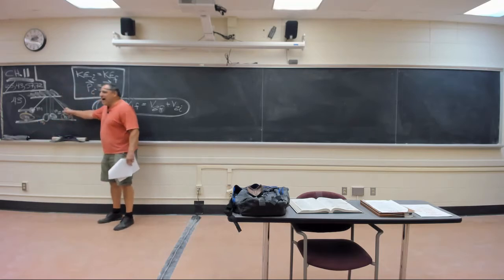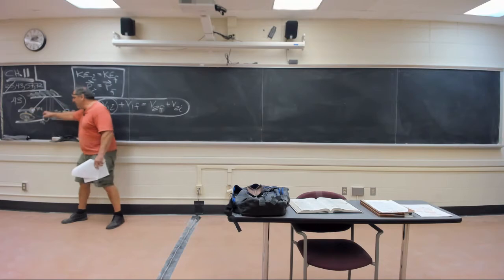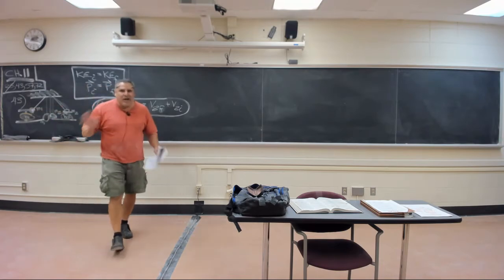Same way I don't care about it up here. Why don't I care about it up there? Up here, the V2F, I don't even want to call it V2F. There's a final velocity for mass 2 up here, which is equal to 0. And there's an initial velocity for mass 1 up here, which is also equal to 0. I don't care about that.